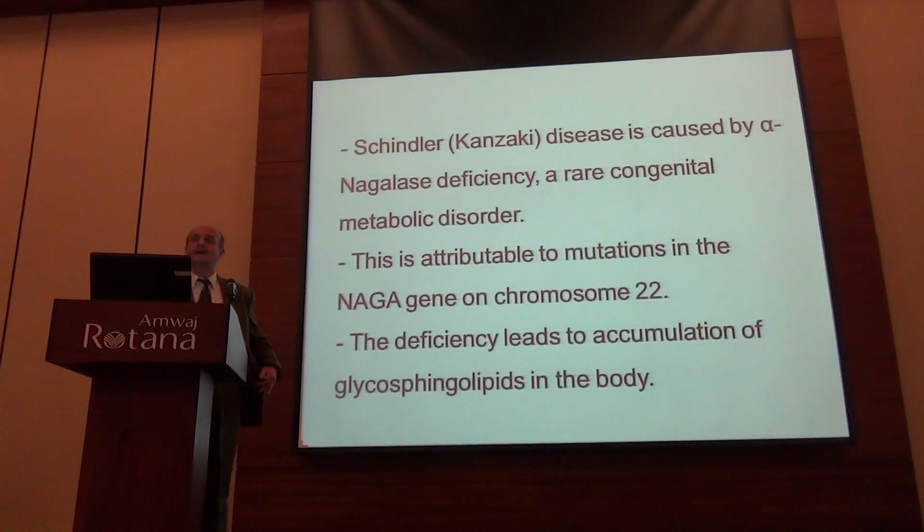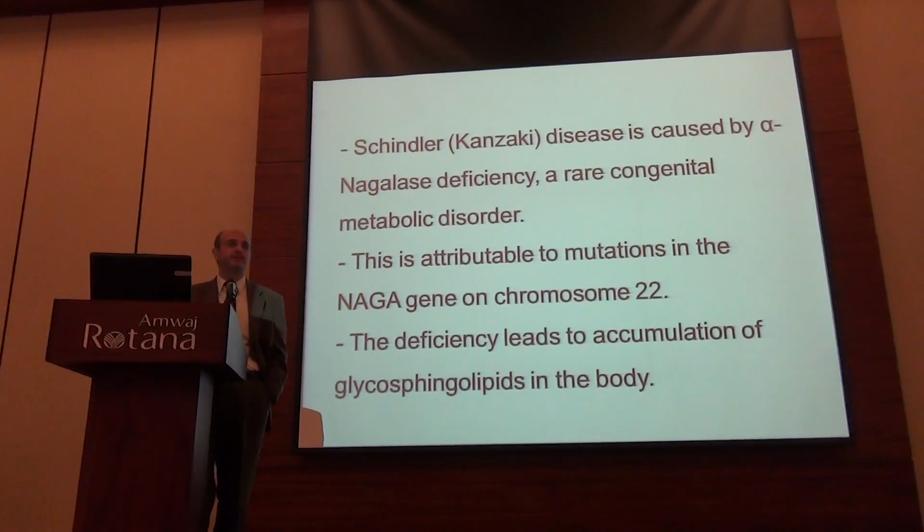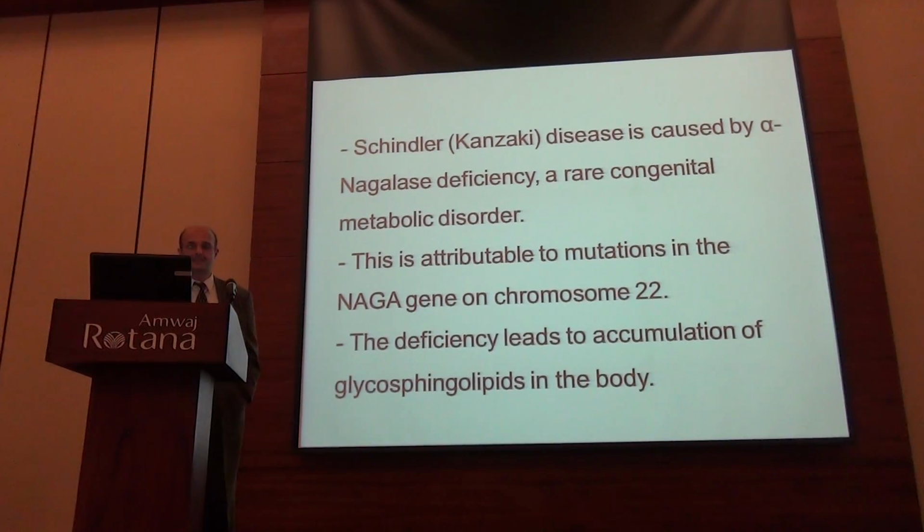Okay. Now, as I said, nagalase itself is normally produced by all cells, and you need it. People who don't produce nagalase, or who have the genetic deficiency of nagalase, develop something called Schindler's disease or Kanzaki disease. So you need some of this nagalase for normal functioning of the cells.